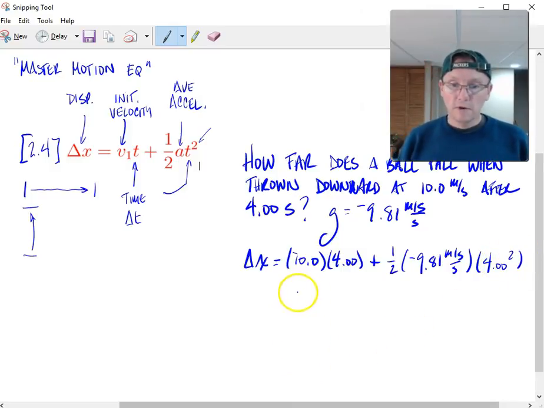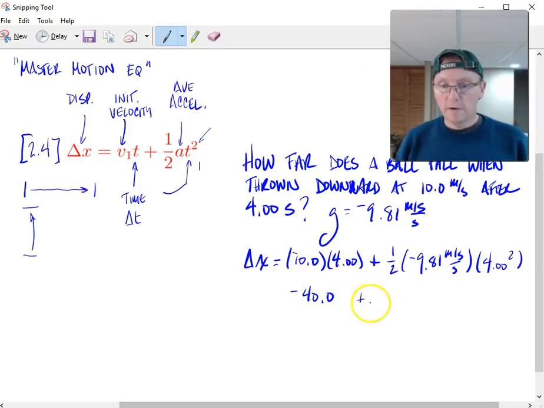Okay, so here I have negative 40 when I simplify, 3 sig figs still, plus 1/2 times 4 squared is 8. 8 times 9.81, I'd love to say I'm going to do it in my head for you guys and amaze and astonish you, but that is not going to happen, so just bear with me here when I do that. I end up with negative 78.48.